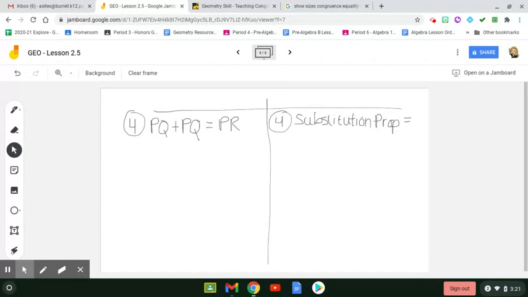If I have PQ plus PQ, how many PQs do you have? You have two, right? So I'm going to write 2PQ equals PR. And all I was doing right there, some people might say it's the distributive property, because you're technically combining something. You can say you're simplifying. I'm going to say I'm simplifying that.